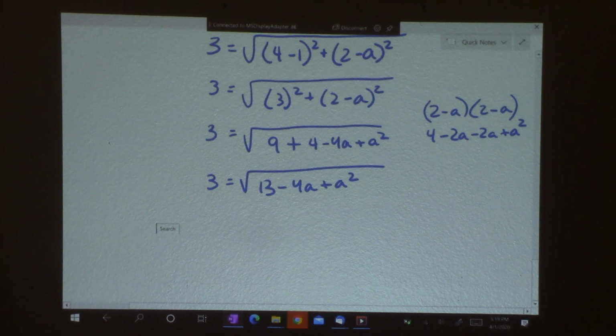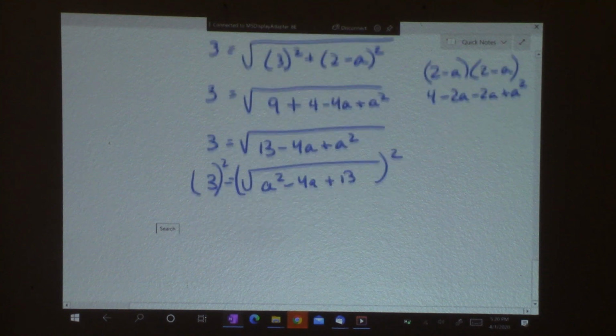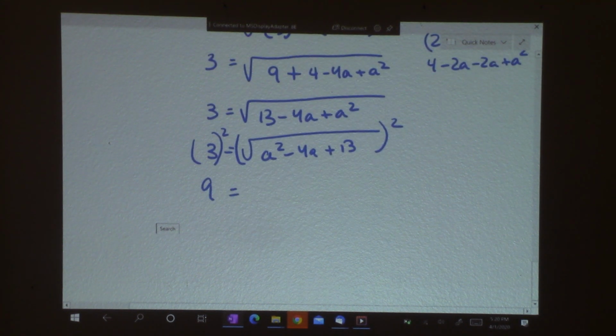Okay, now this, we haven't seen it in this order. Let's change it to standard form. It's a positive a squared. It won't change anything. So now I want to get it out from under the square root. So I've got 9 equals a squared minus 4a plus 13.